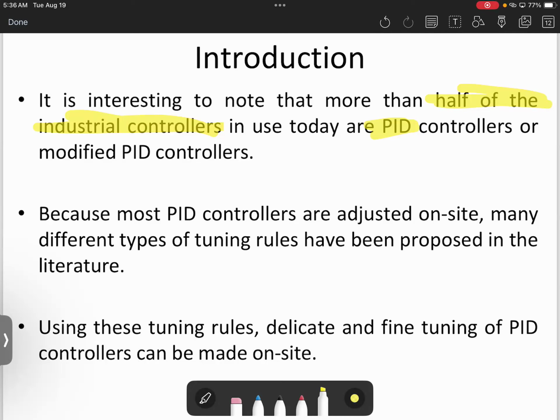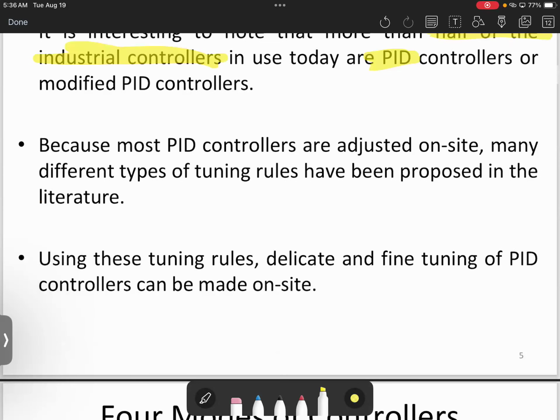Because PIDs are adjusted on site, there are different ways of doing PID. We can say on-site tuning, and sometimes we call it off-site tuning, or online and offline. When we do online tuning or online design for the PID controller, you don't need to know what's inside the model.